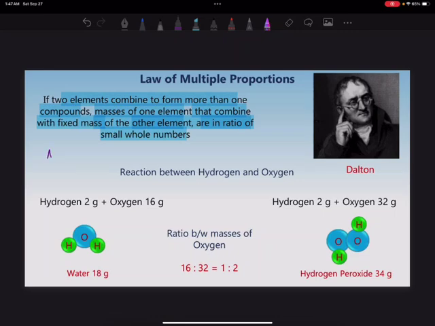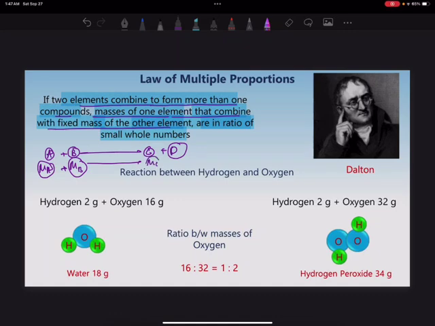Thus, if there is a reaction taking place of A plus B gives C plus D, and two elements combine to form more than one compound, the mass of one element that combines with a fixed mass of another element gives rise to a ratio of small whole numbers.